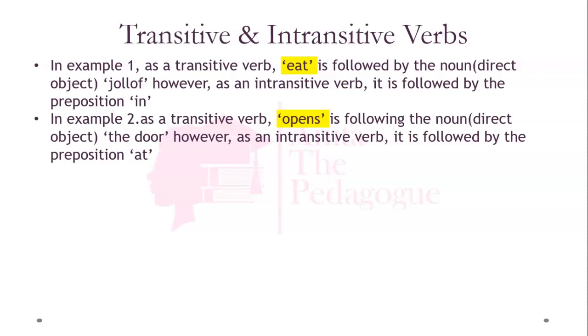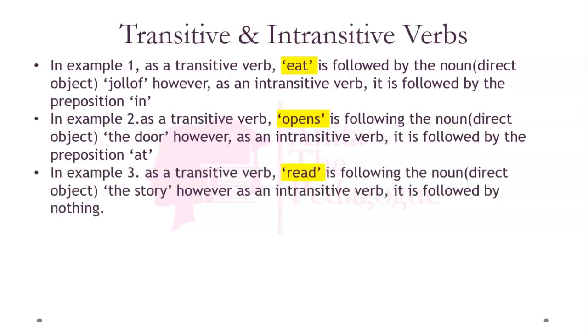However, as an intransitive verb, it is followed by the preposition at. In example 3, as a transitive verb, the verb read is followed by the noun or direct object, the story. However, as an intransitive verb, it is followed by nothing.